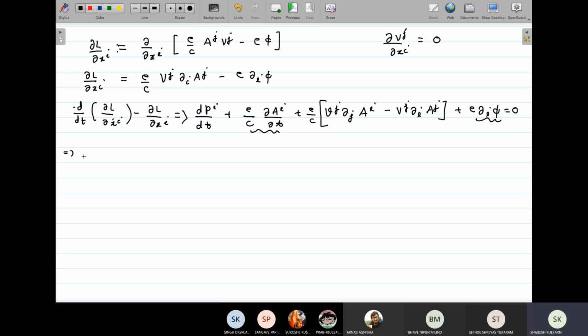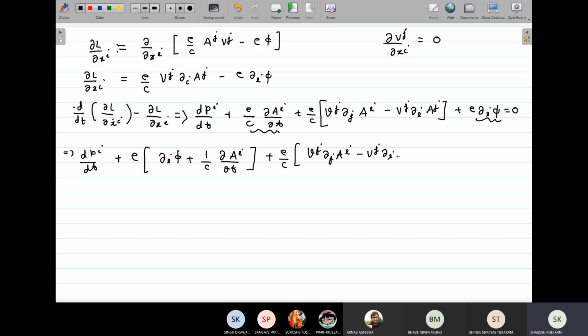So this implies dp_i/dt plus e times ∂_i φ plus 1/c ∂A_i/∂t, plus e/c v_j ∂_j A_i minus v_j ∂_i A_j, equal to 0.